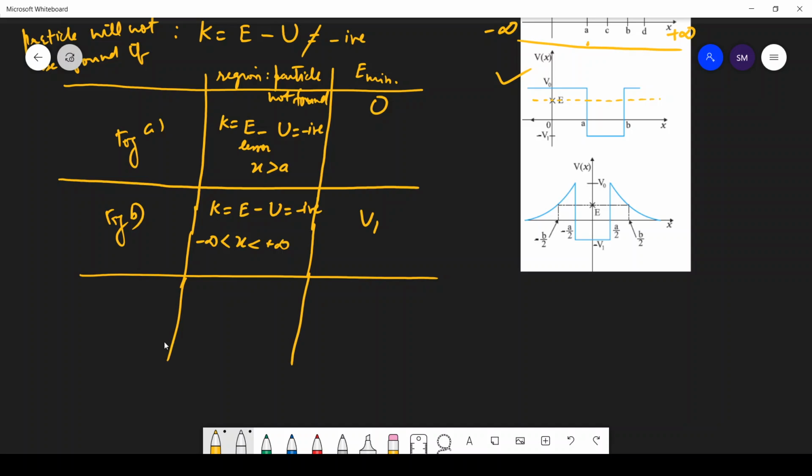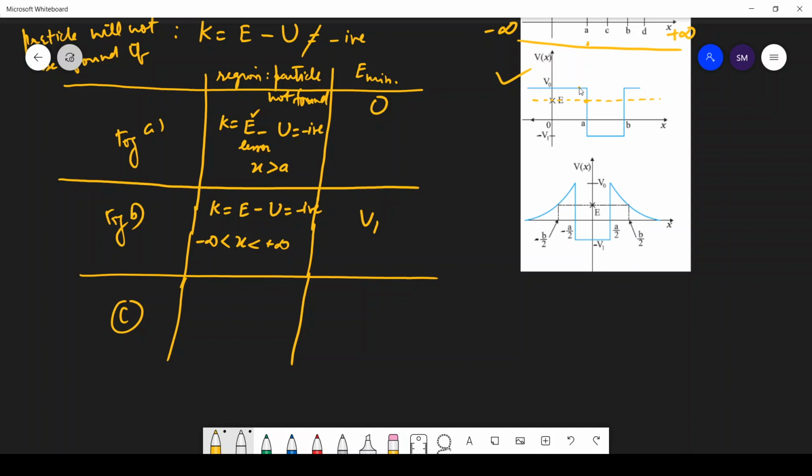Now look at figure C. Students, you just need to see that E must be greater than the potential energy. Then only kinetic energy will be positive. See the points where E is lesser.